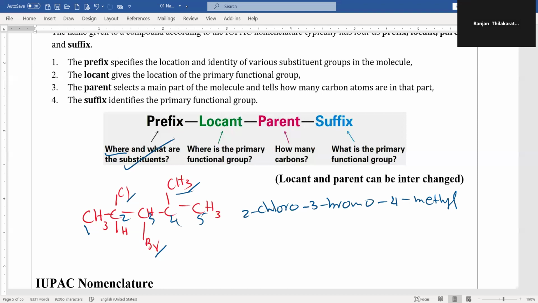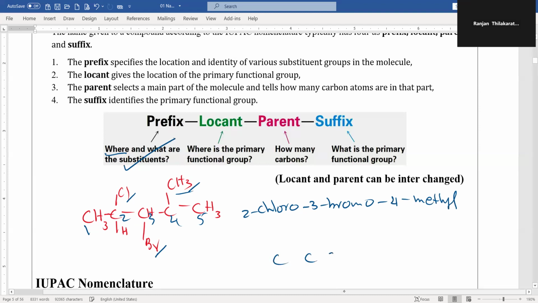Then the locant has to be given. Where is the primary functional group? If there is a functional group, then on which carbon you have that functional group.